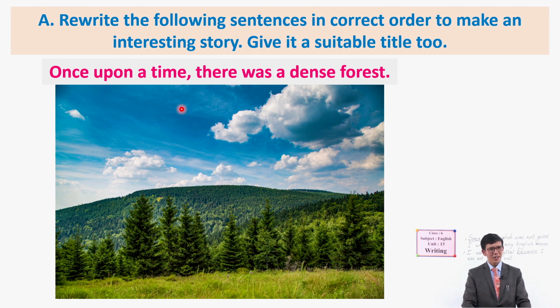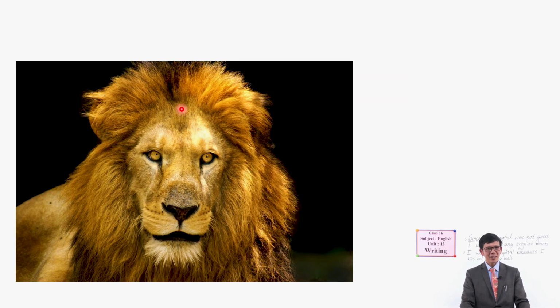And then, what next? Come on, look at this picture and please guess which sentence follows the first sentence. The first sentence: once upon a time, there was a dense forest. And what do you see there?